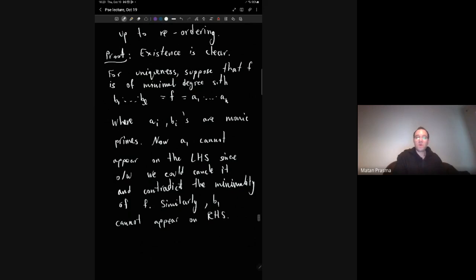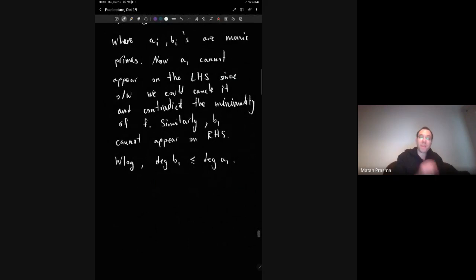Okay, so without loss of generality, let's suppose that the degree of B1 is smaller or equal than the degree of A1. Well, okay, then I can do long division of A1 by B1.